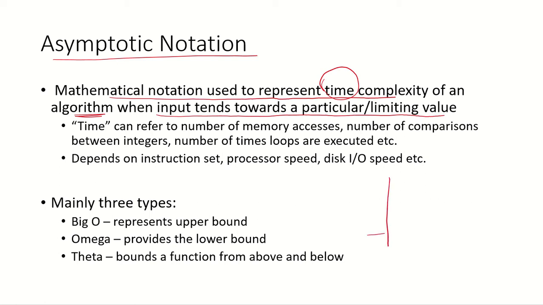You have seen that the growth rate of an algorithm is a function of n, where n is the input size, and we are mainly talking about the time complexities and not the space complexity over here.